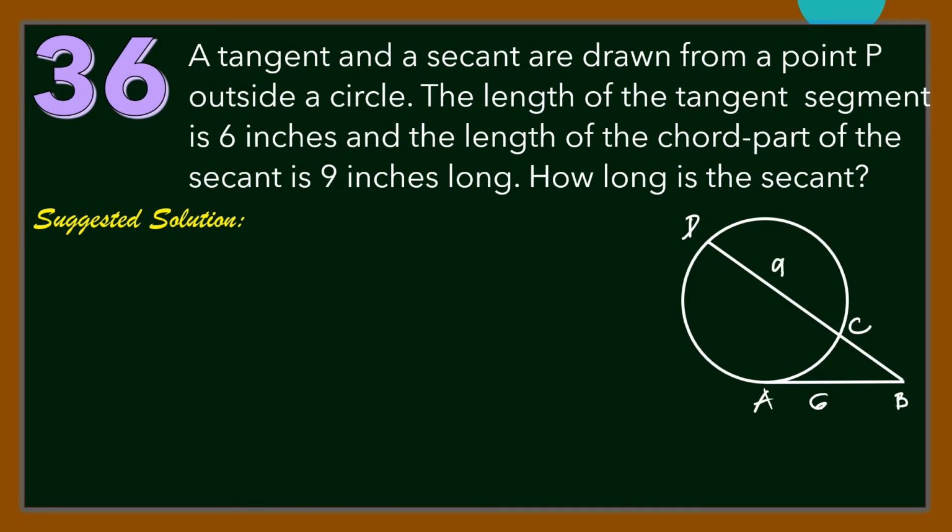From the given figure, we can have the equation AB squared is equal to BC times BD. Substituting the values, we have 6 squared equals BC times BC plus 9.